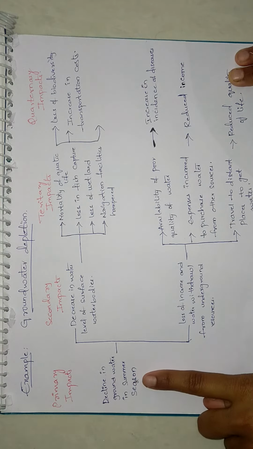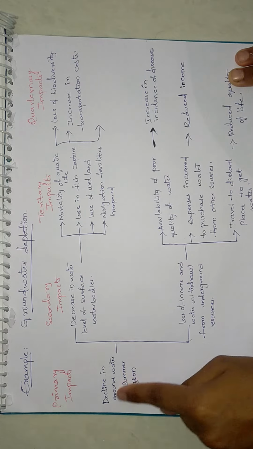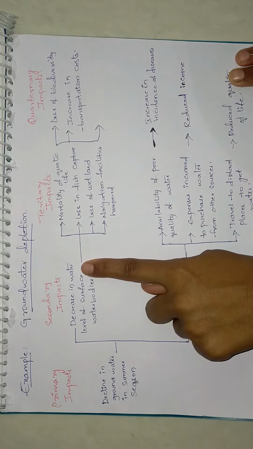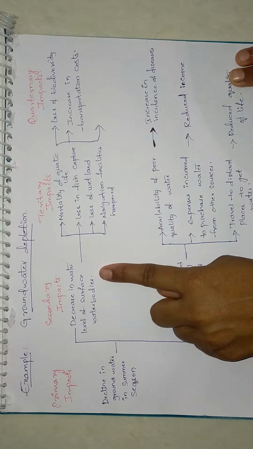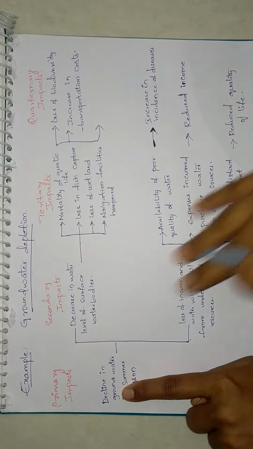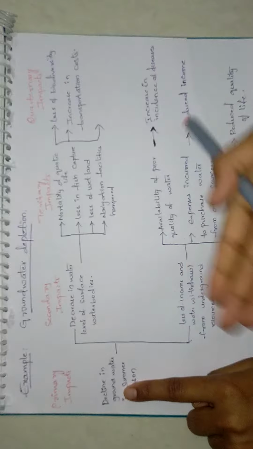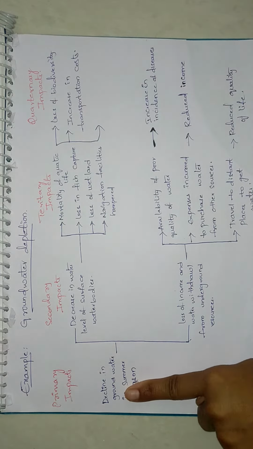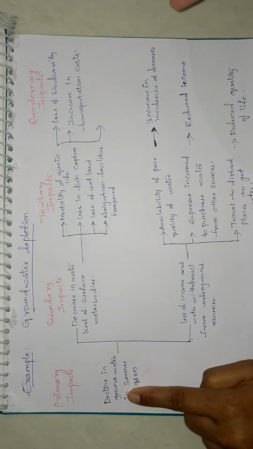What is the main thing? First, the ground level will decrease. Because of the decrease in the level of the groundwater, what happens? The water level in the surface water bodies will decrease, because the underground water only goes to the surface level of other places and other water bodies as well.